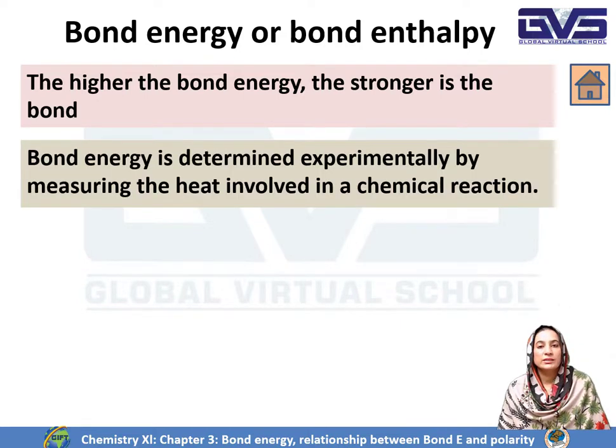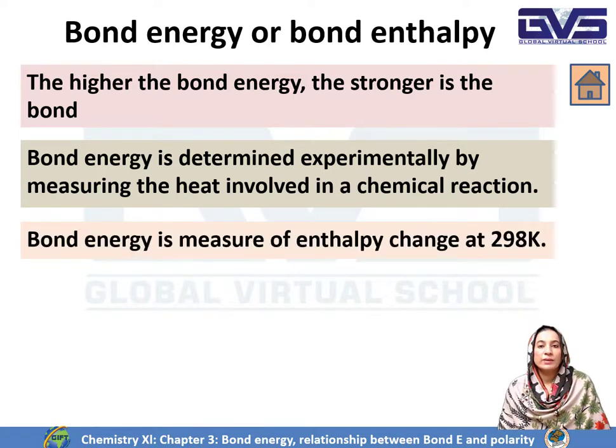Bond energy is determined experimentally by measuring the heat involved in a chemical reaction. So experimentally, bond energy is calculated by observing the heat change during a chemical reaction, and for that purpose calorimeters are used to calculate the enthalpy of the bond.